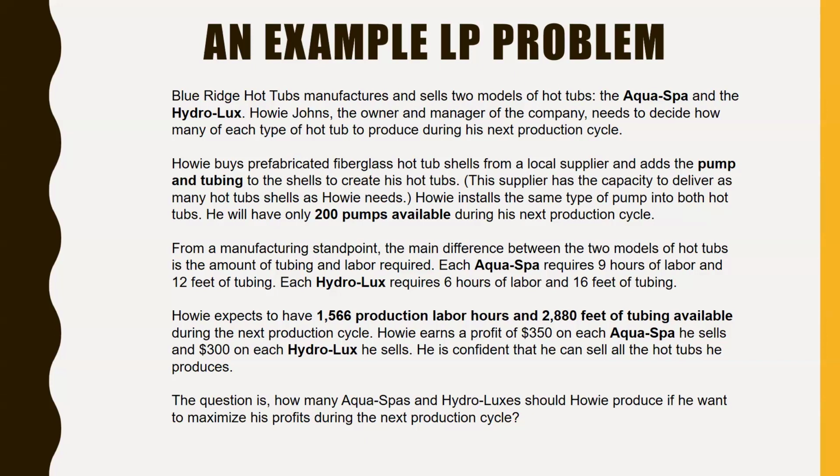From the manufacturing side, the main difference between the two models is this: the Aqua-Spa requires 9 hours of labor and 12 feet of tubing, and the Hydro-Lux requires 6 hours and 16 feet of tubing.